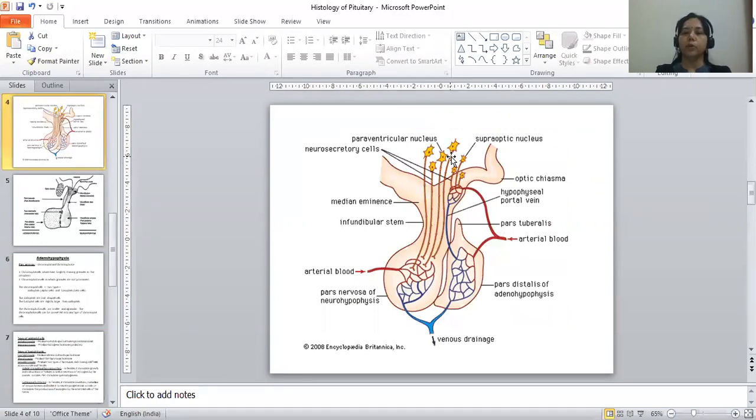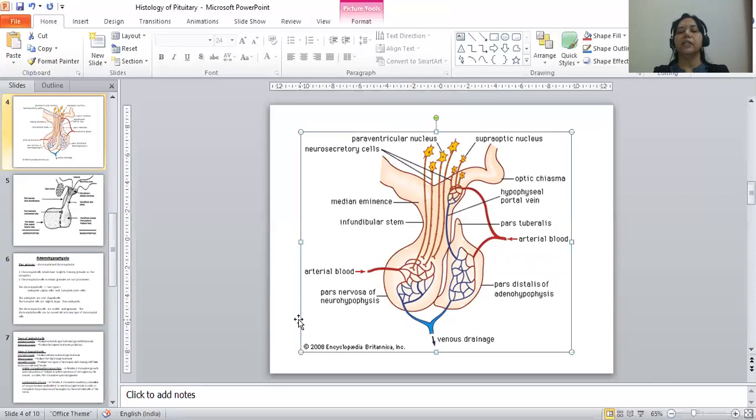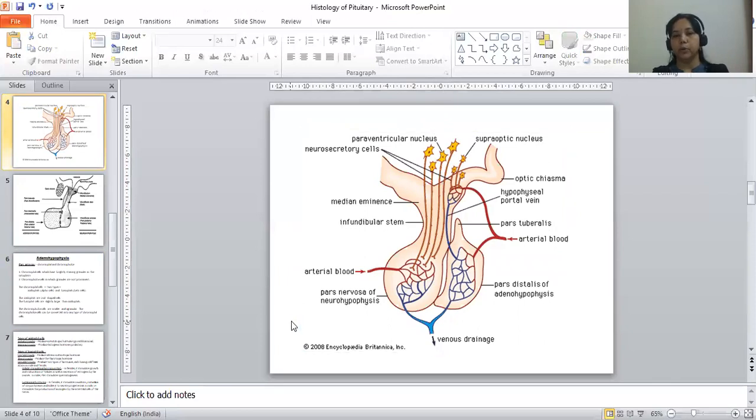So they produce vasopressin and oxytocin and pass them through the infundibulum into the posterior pituitary or neurohypophysis. So the neurohypophysis, that is pars nervosa, only stores these hormones, and as and when required they will be released into the blood. It does not produce. The production is by these nuclei here, or these nerve cells which are present here.